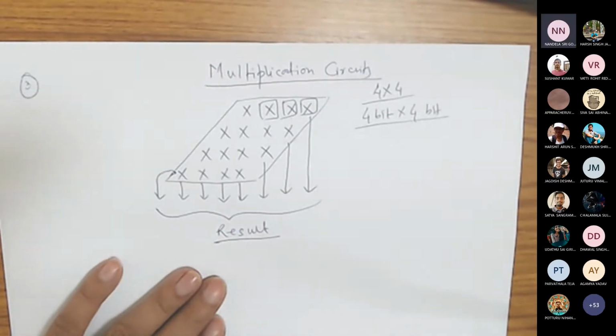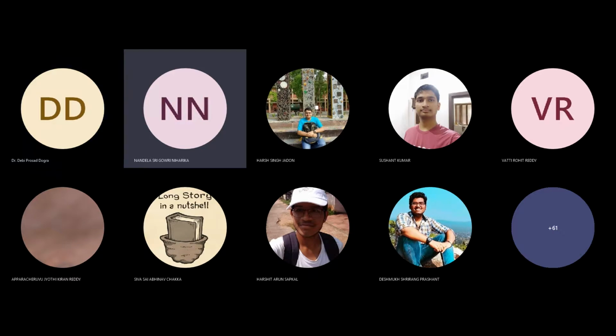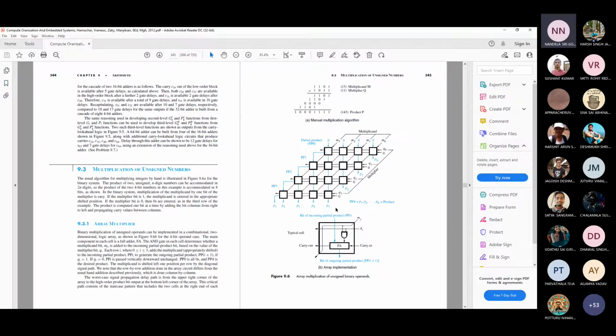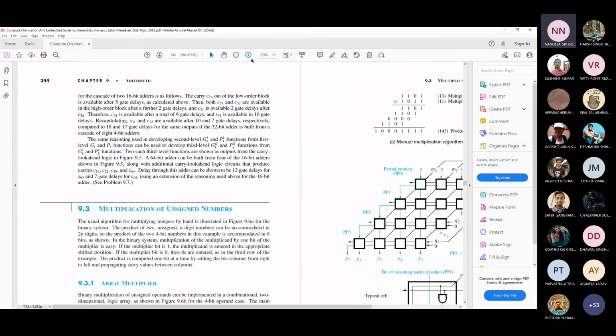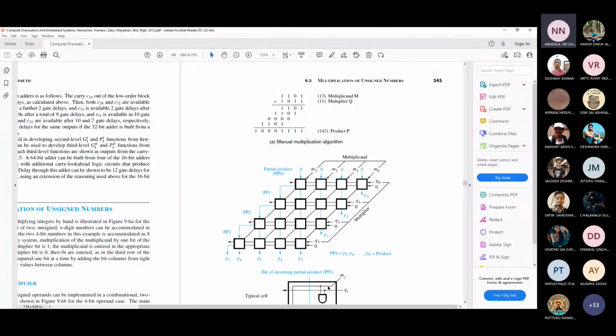Now let me share my screen again. Is my screen visible to you? Yes, sir. Yeah, now look into this. I'm not designing the circuit because this will unnecessarily take time.